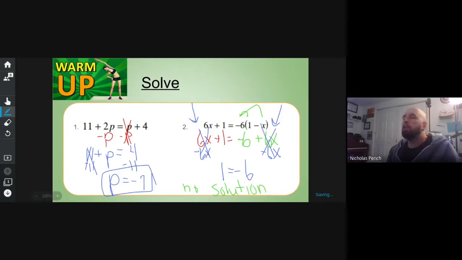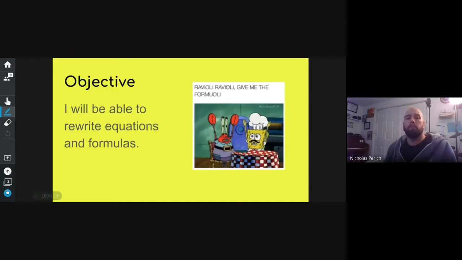But this one is a no solution because my variables disappear. And last time I checked, 1 does not equal -6. No siree.